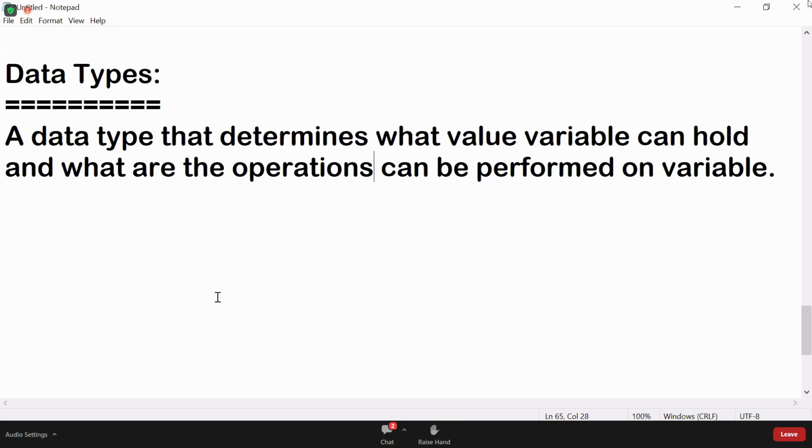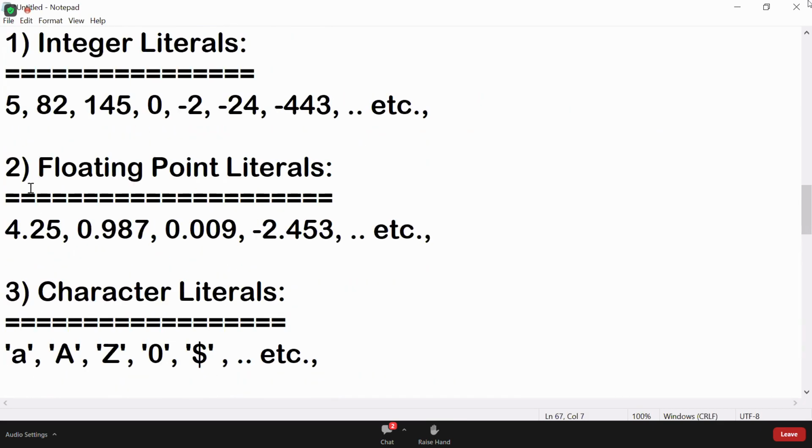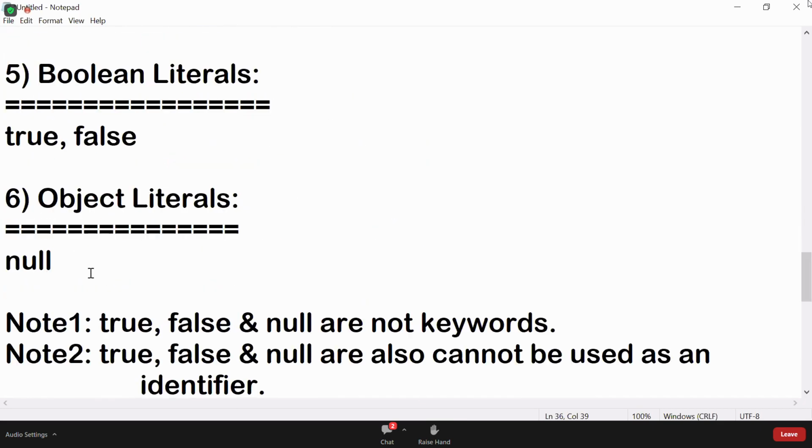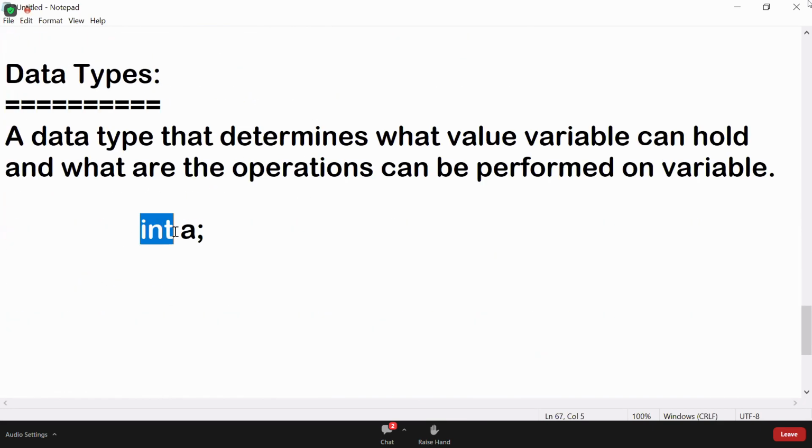See, for example, here, int a. This a should contain an integer literal because here I specified the data type. So a should contain an integer literal only.